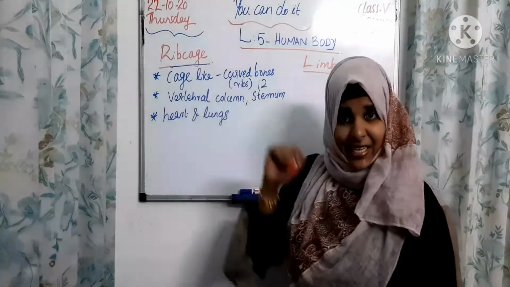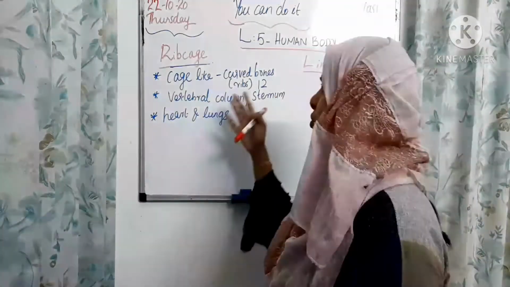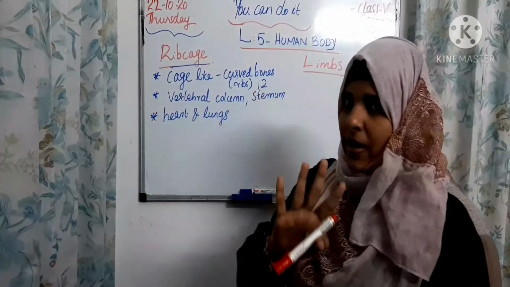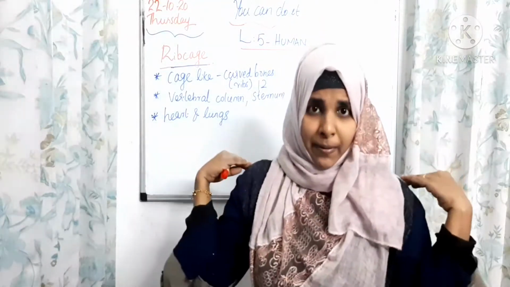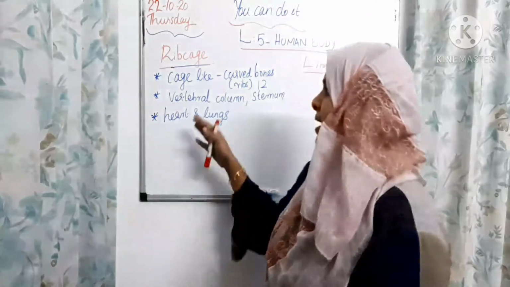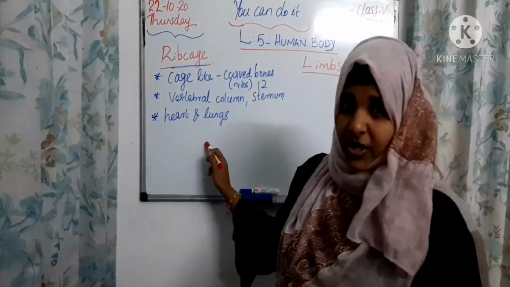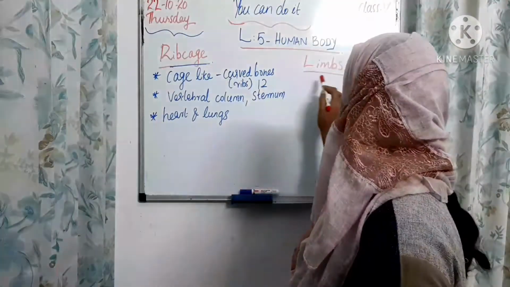It is a cage-like structure and it has curved bones. The total number of ribs is 12 pairs, attached to the vertebral column in back and the sternum or breastbone in front, and the heart and lungs are protected by the rib cage. Clear, all of you?